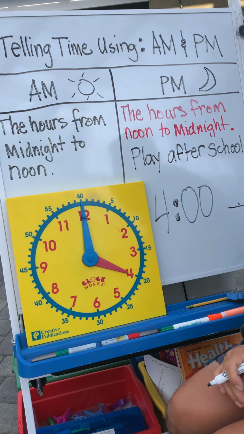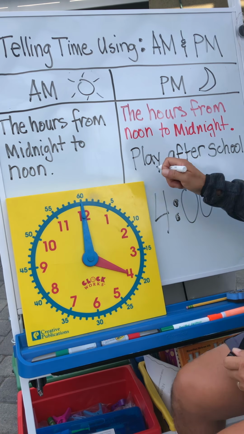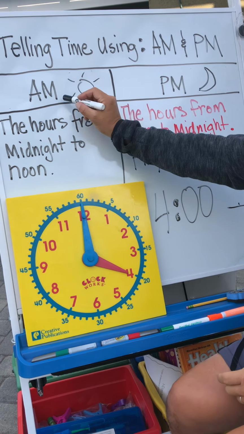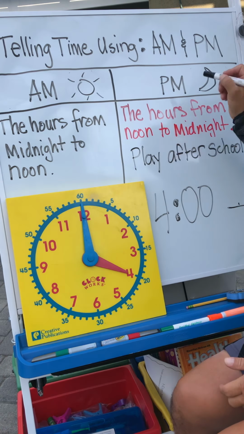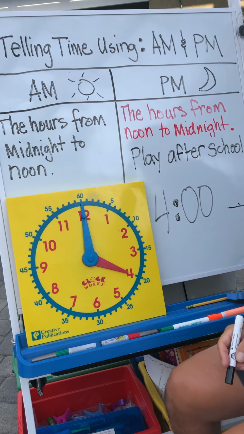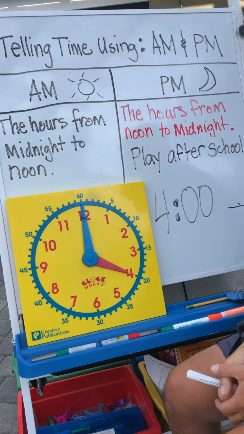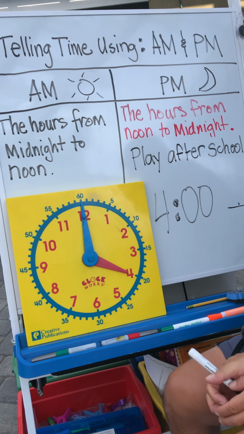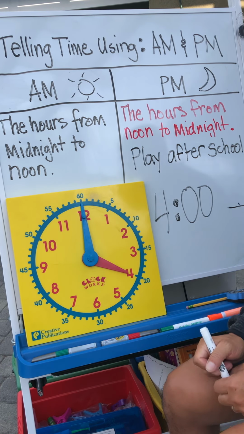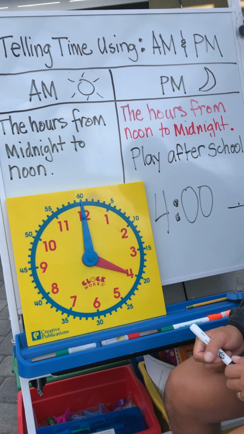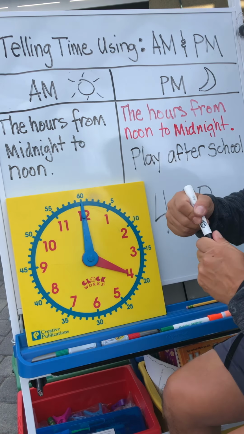Alrighty, there's our time. We want to figure out if we're going to go play after school, is that 4 a.m. or is that 4 p.m.? So now we need to think, well, the hours from midnight to noon, that's a.m. But what if you don't know what midnight is? Okay, midnight, let me draw a little arrow here.